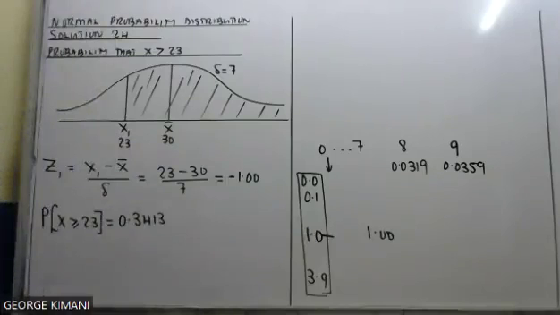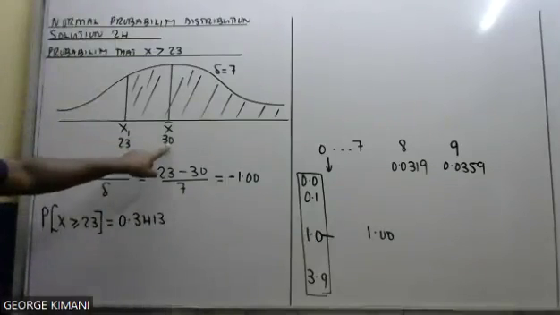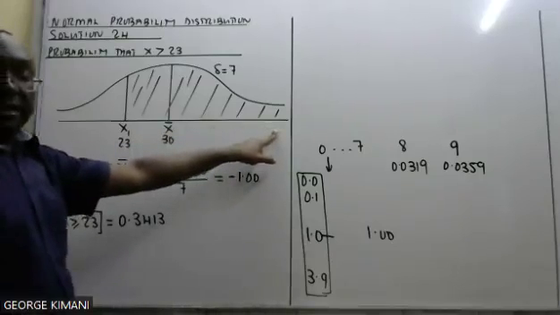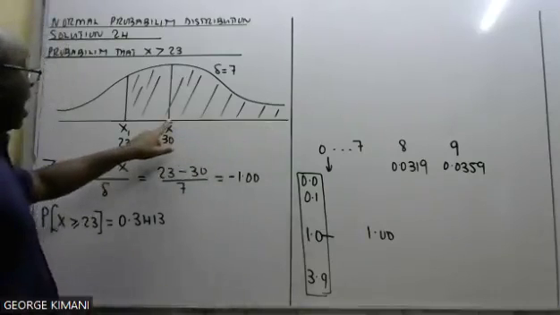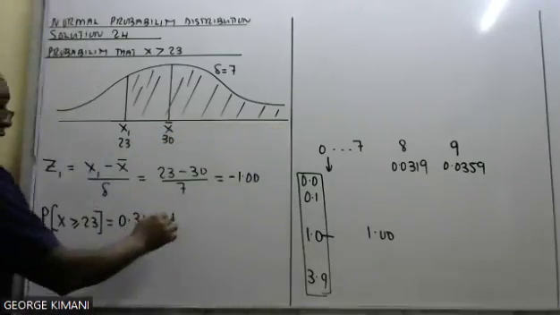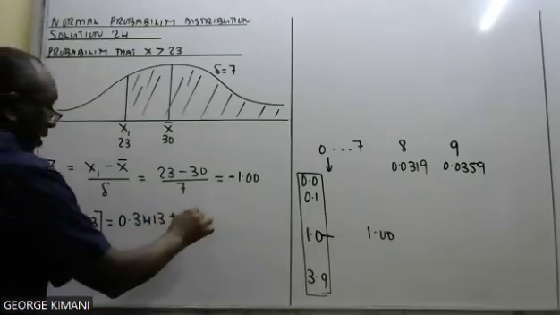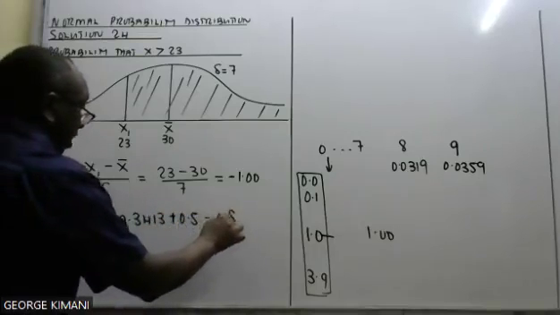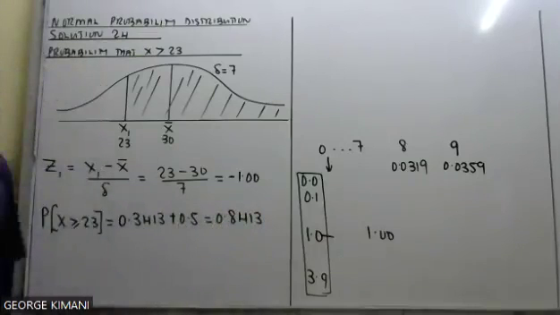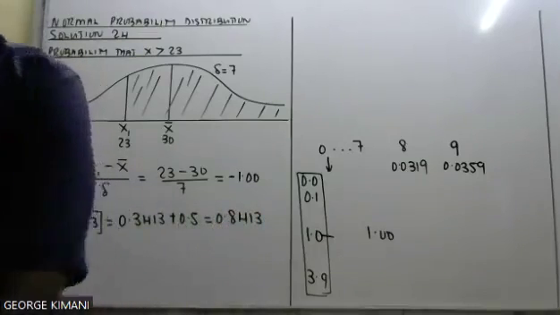0.3413 is the probability from here 23 to 30. But because we also need this one, and in the last lesson I told you from here halfway all the way to the end is 0.5, you add 0.5 and the answer is 0.8413.